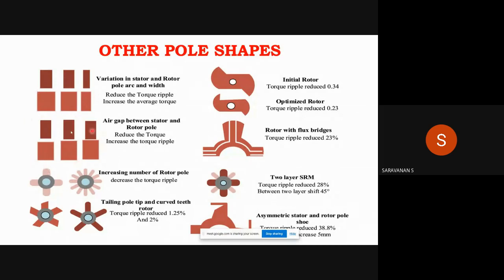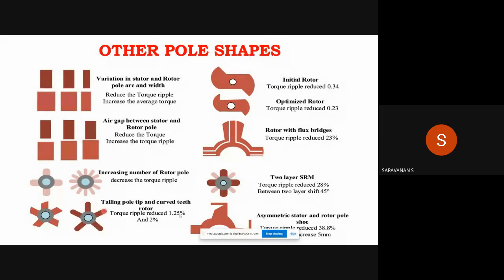Then non-uniform air gap. By giving a non-uniform air gap between stator and rotor also reduces the torque ripple. Then increasing the number of rotor poles also reduces the torque ripple. Then tilting pole tip and a curved teeth rotor. This is the tilting pole tip, and this one is the curved teeth.